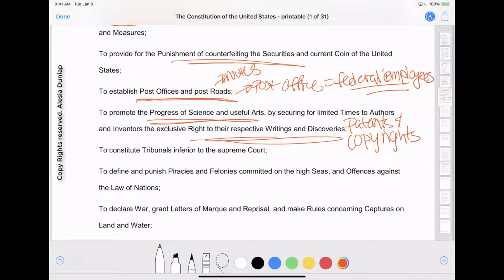All right, and they can establish a system of legal courts. Tribunals are considered legal courts below the Supreme Court, inferior to the Supreme Court. So tribunals are also considered a legal court in this aspect.